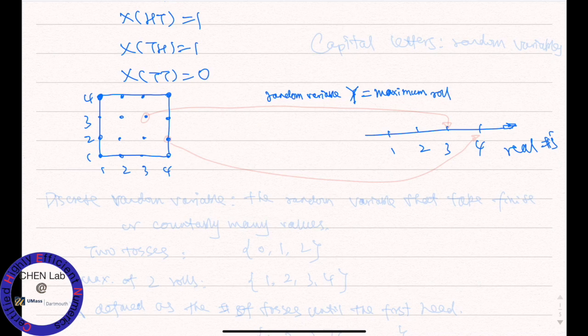It would map, for example, this point, the maximum roll is of course 3, so it will map this point to 3. It would map this point to 4.